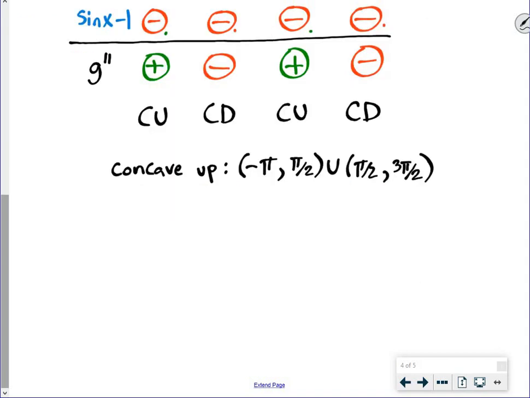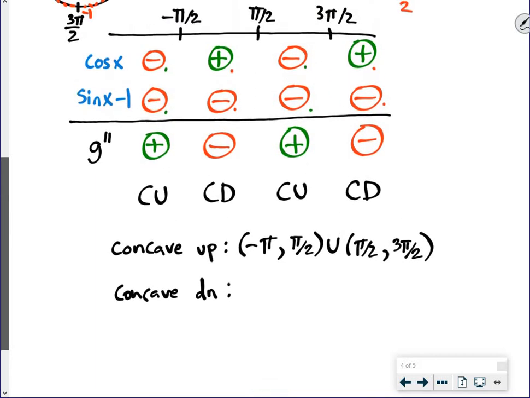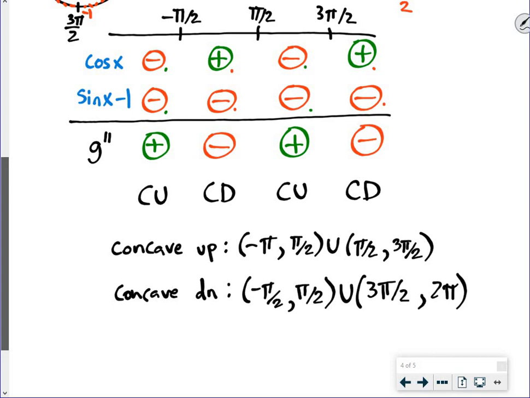Okay, and then we're concave down from negative pi over 2 to pi over 2, and from 3 pi over 2 to 2 pi. All right, so hopefully that works.